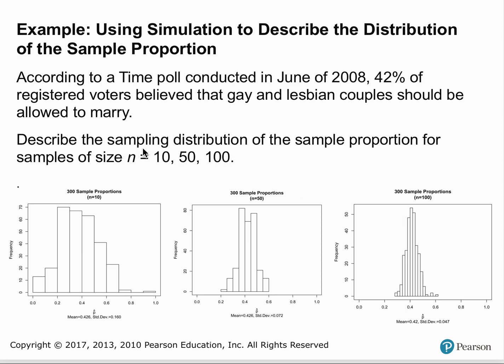So describe the distribution. Okay, first, remember, describing a distribution means we're going to talk about its shape, its mean, its standard deviation. So if I tried to draw through all of these bars, I might say that the shape is skewed right.